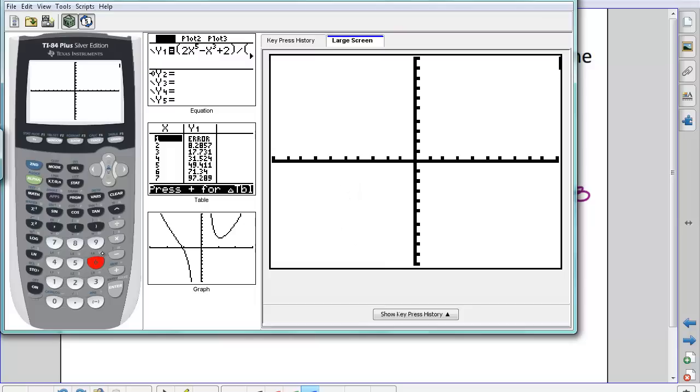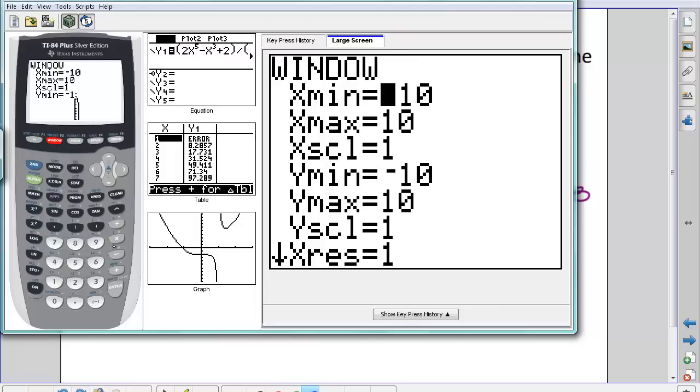And I'm going to reset my window here. And I get a picture something like this. Okay, and let me switch my window around a little bit so we can get a better idea of what's happening here.